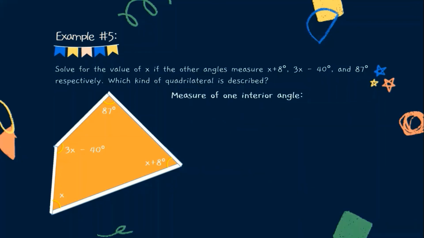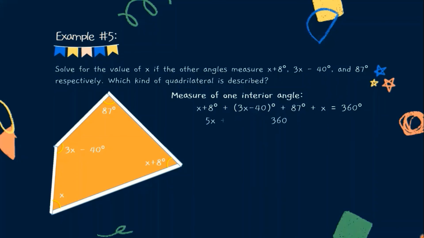Let's now find the measure of one interior angle, yung ating missing angle na x. Alam natin na dapat itong mga individual angles na ito, if we add all of them together, it must be equal to 360 degrees dahil ito yung sum of interior angles of a quadrilateral. Kaya, we will be forming a linear equation just like this.